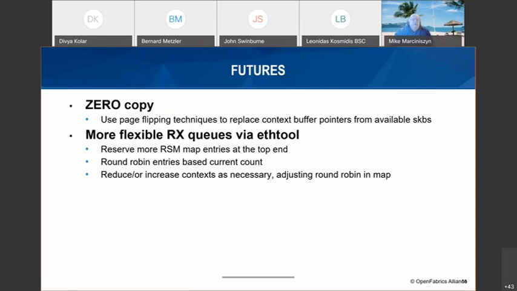And so we'll add an ETH tool mechanism to reduce or increase these contexts as necessary, and then adjust the round robin in the map in a secure, atomic way, to make sure we don't misfire packets up the stack.